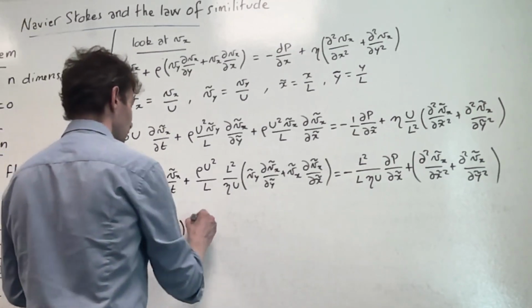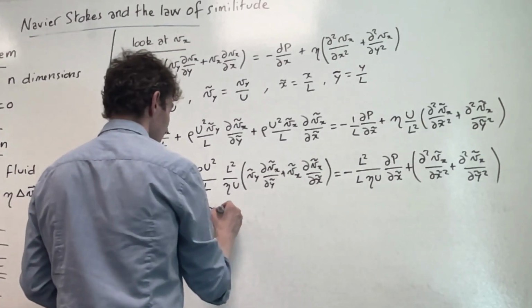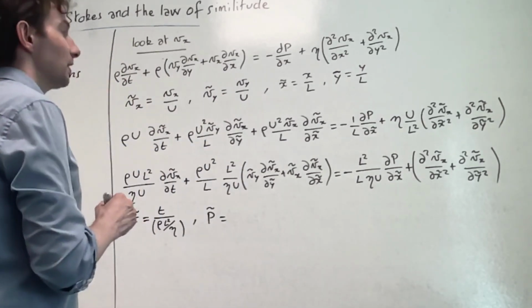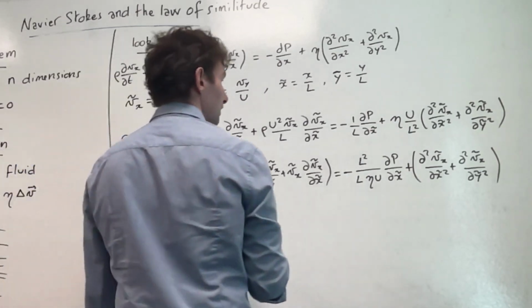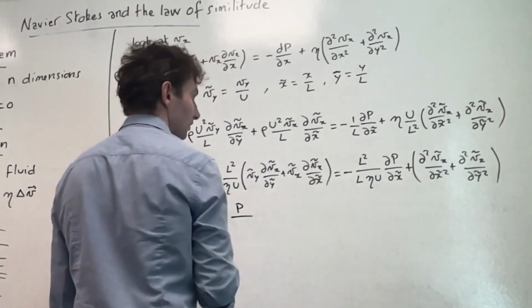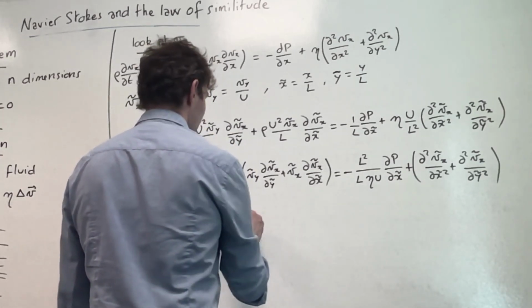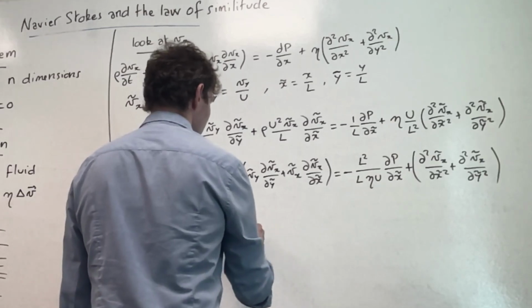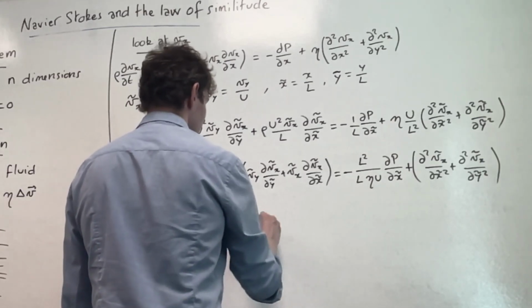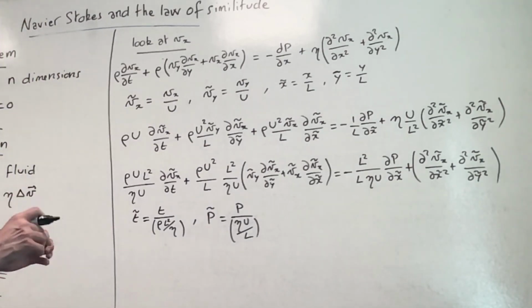Basically, the only other thing I'm going to introduce is P tilde, so dimensionless pressure, which is going to be equal to P over eta u over L. Okay? So basically, that's what I'm introducing.